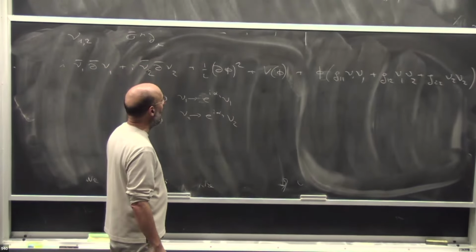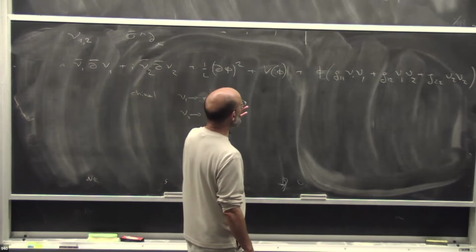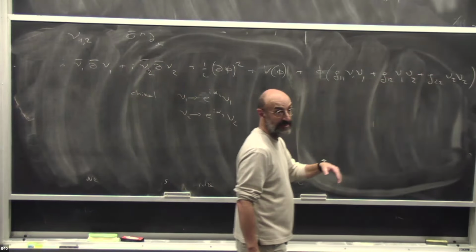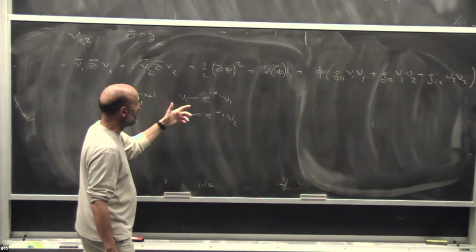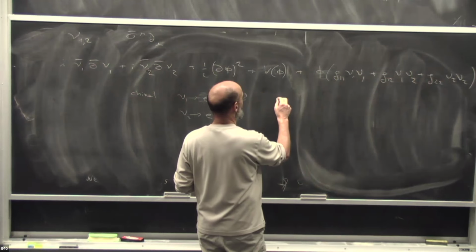Of course, phi doesn't transform; it's a real field. And of course, the symmetries are broken by the Yukawa interactions. These are chiral symmetries, and they're broken.